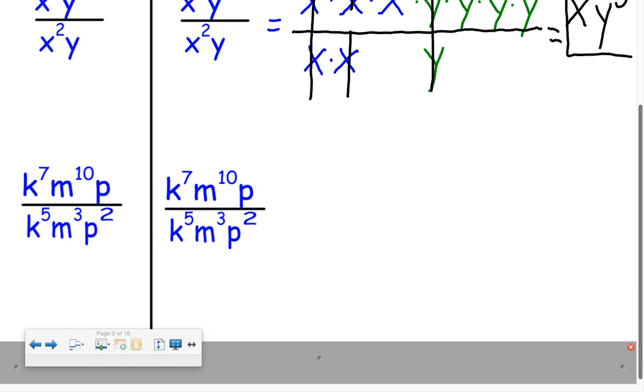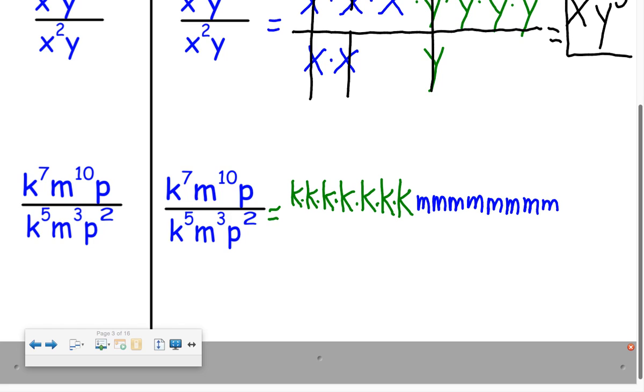Alright. Start expanding. 7 k's, m's, and 1 p, five k's.